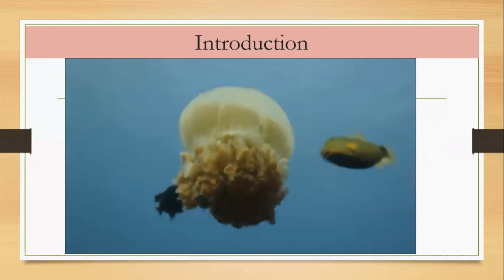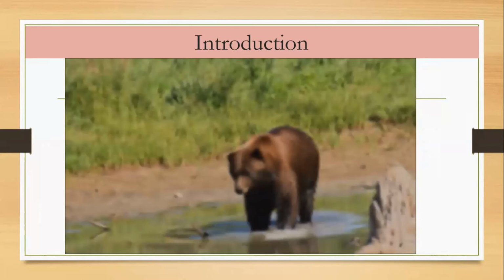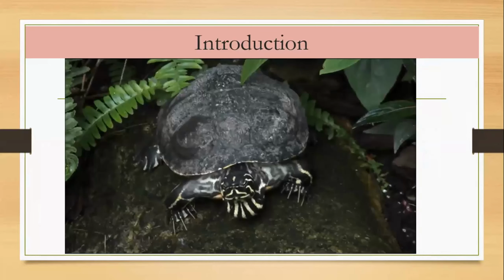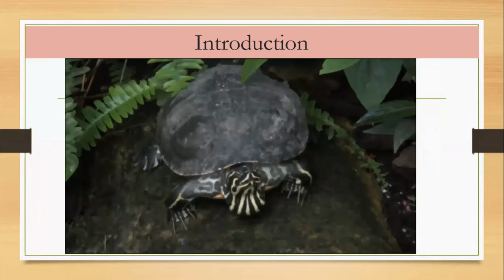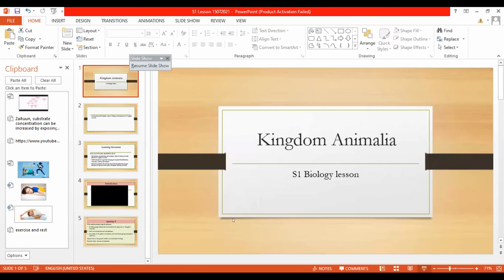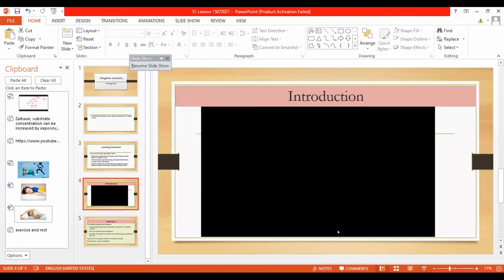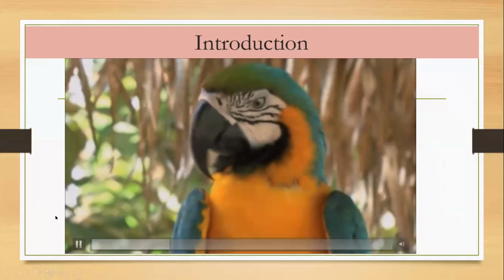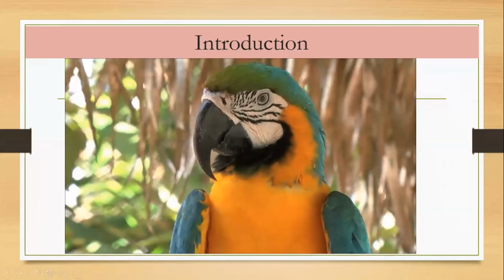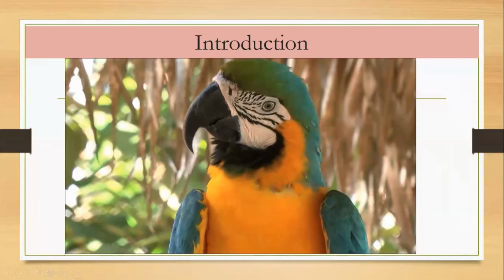Vertebrates make up less than 5% of all animal species on Earth, but if I asked you to think of an animal, you would probably choose a vertebrate. Vertebrates are divided into different classes or groups.